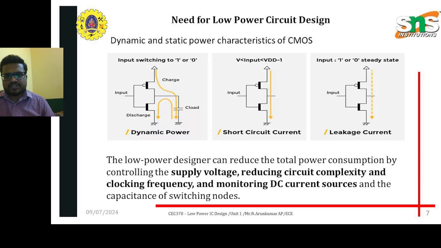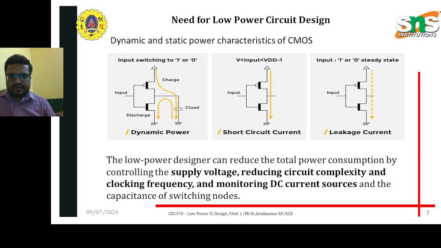Next one is dynamic and static power characteristics of CMOS. CMOS is the source for making an IC with more compact power factors, because it has an NMOS and a PMOS inside. While giving the input voltage to the CMOS, it passes to the PMOS as well as the NMOS.